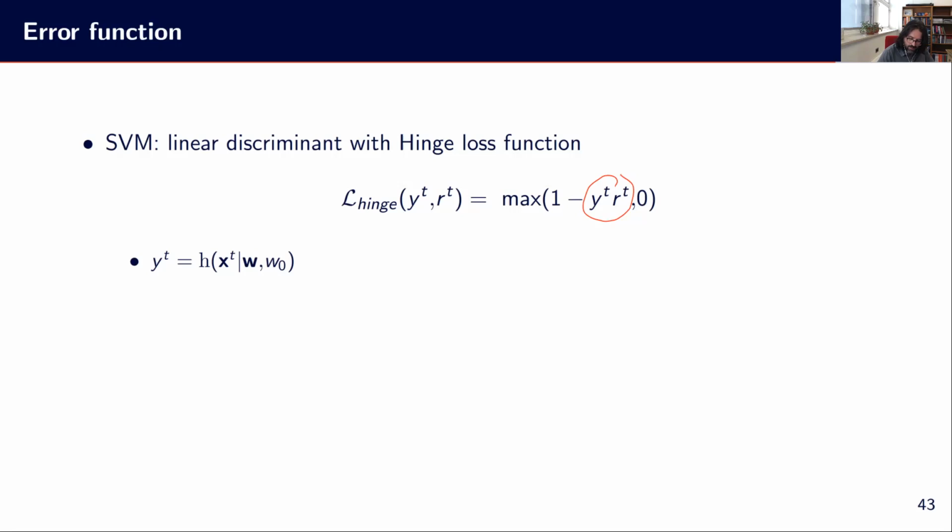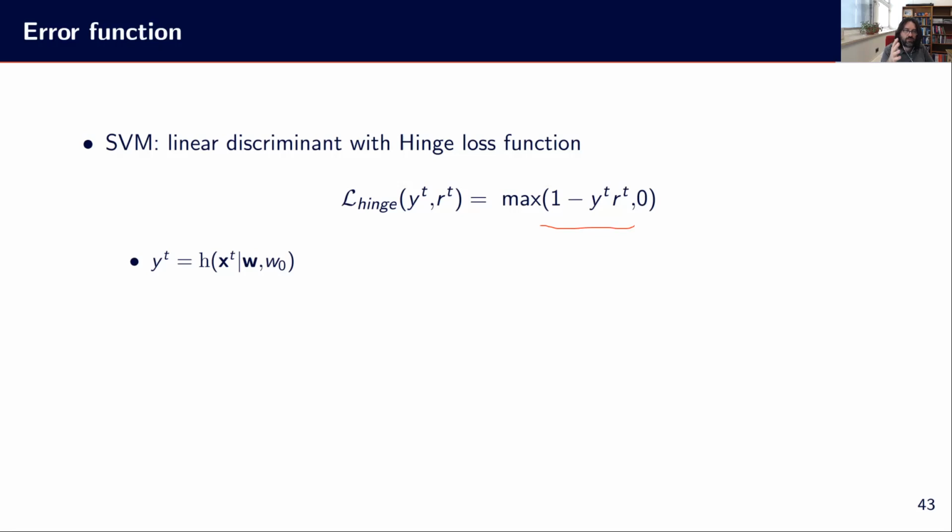For the samples in the margin, the 1 minus YT RT is between 0 and 1, so we get a value that is a small loss for being correctly classified in the margin. And when we are misclassifying a sample, this value goes higher than 1.